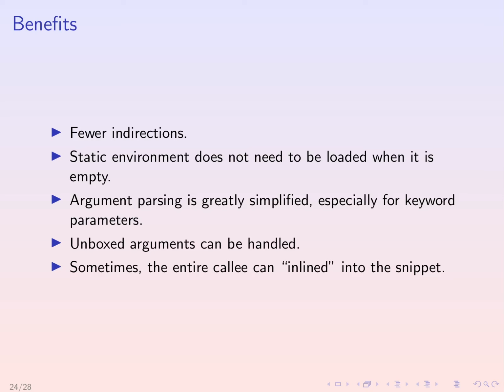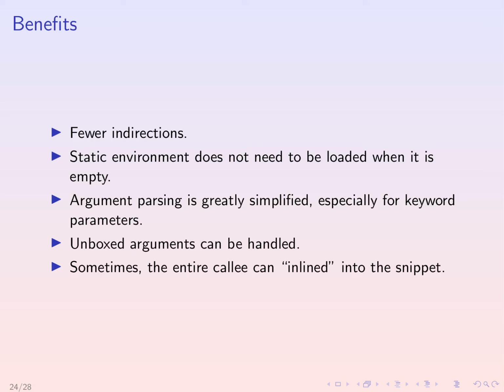Unboxed arguments can be handled this way, much in the same way as multiple entry points would handle the same thing. That is, the callee could have special entry points for unboxed arguments and just jump directly to such an entry point. And in fact, in some cases, the entire callee can be inlined into the snippet.